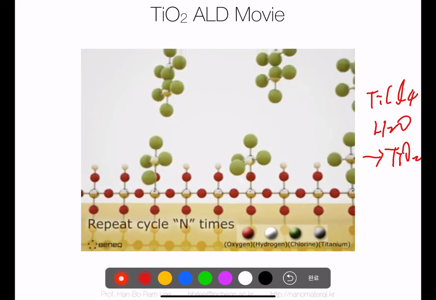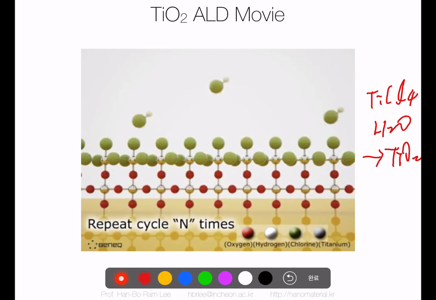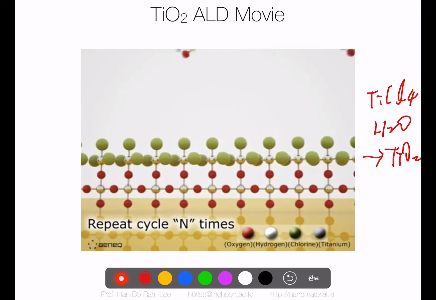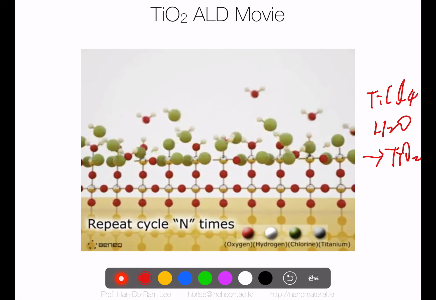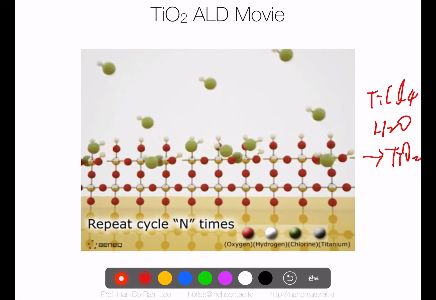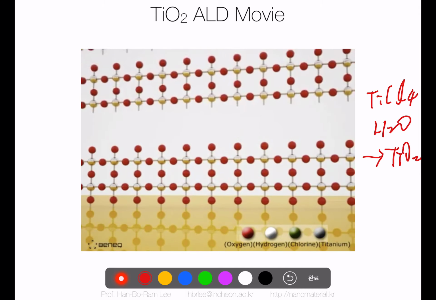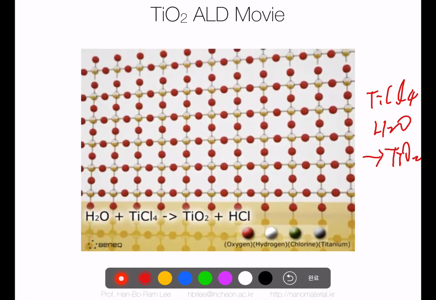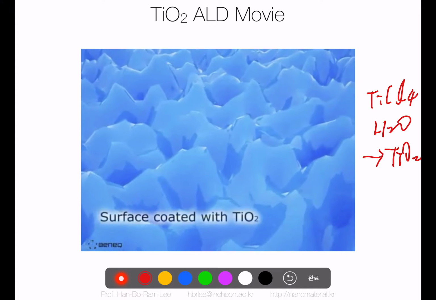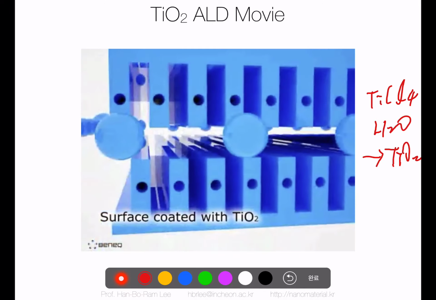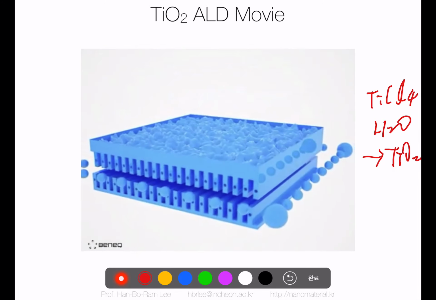The surface is hydroxyl terminated, so TiCl4 comes in and reacts with the hydroxyl group, making a very strong bond on the surface through chemisorption, and water reacts one more time to form TiO2. We repeat this cycle and make a very uniform film on the surface. This movie is made by Beneq, an R&D ALD chamber making company in Finland.